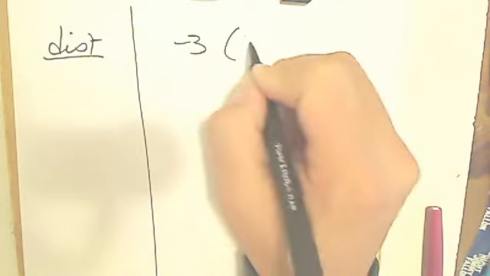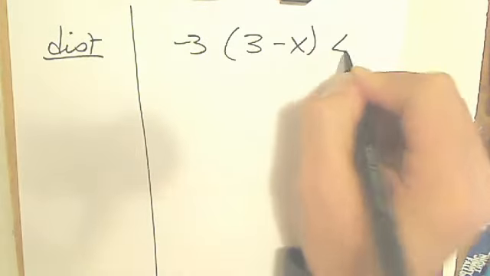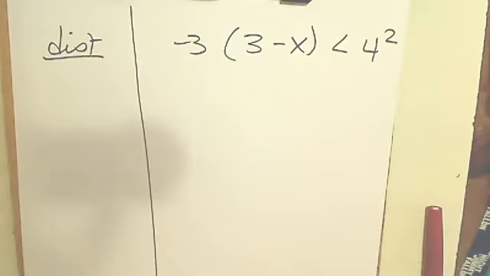Negative 3 times 3 minus x is less than 4 squared.